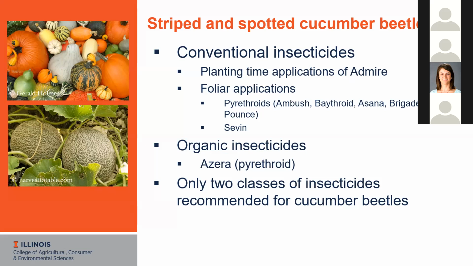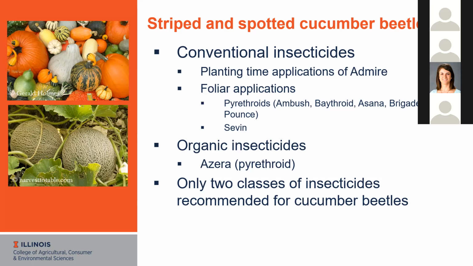There's really only one organic insecticide that's recommended for cucumber beetle control, and it's also in that pyrethroid class of insecticides. And so what this means is that there are only 2 different classes of insecticides that are really recommended for cucumber beetles, whether you're organic or conventional.